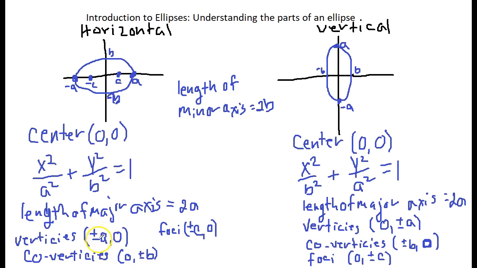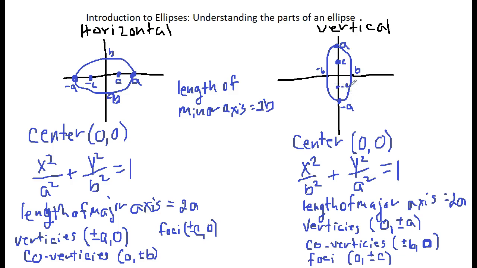A was an x coordinate for the horizontal ellipse, so that means that C is an x coordinate on the horizontal ellipse. And let me put my foci here. This would be C, and this would be negative C.